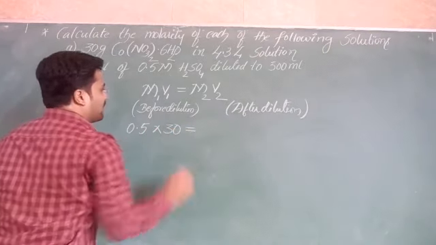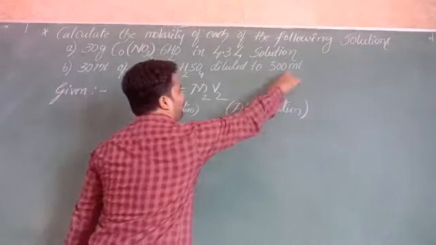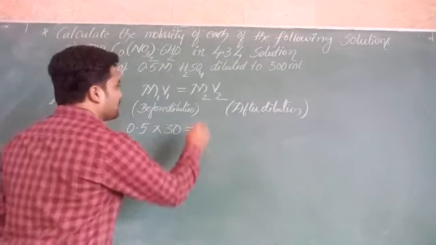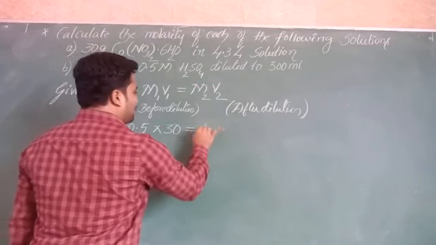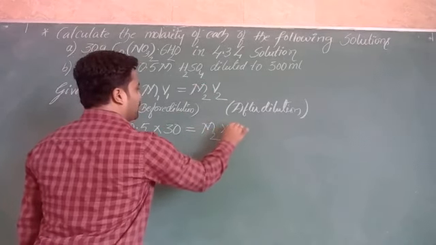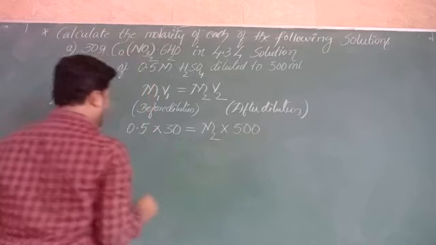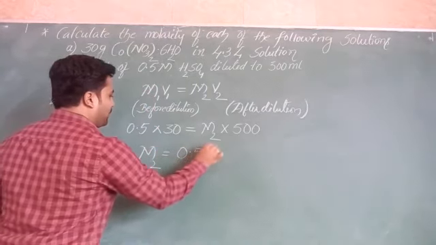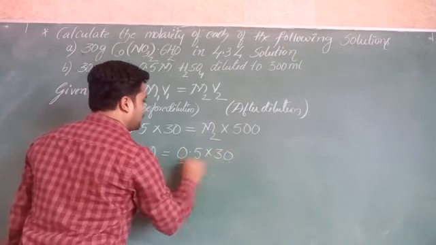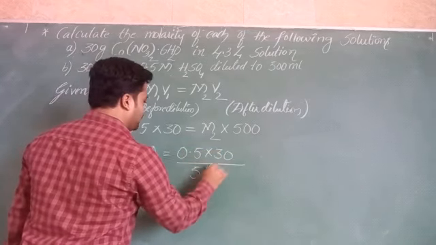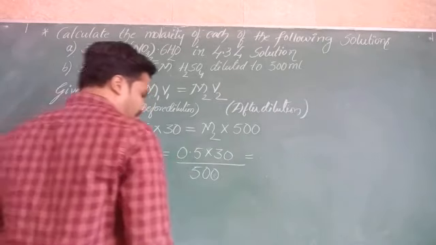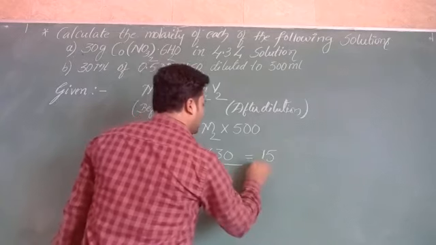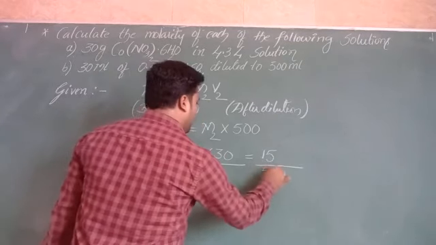Okay, so next it has been diluted to 500 ml. That means it is V2. We need to calculate M2. Then M2 into 500. So M2 is equal to 0.5 into 30 divided by 500. You know 0.5, that is 5 into 30, that is 15 divided by 500.